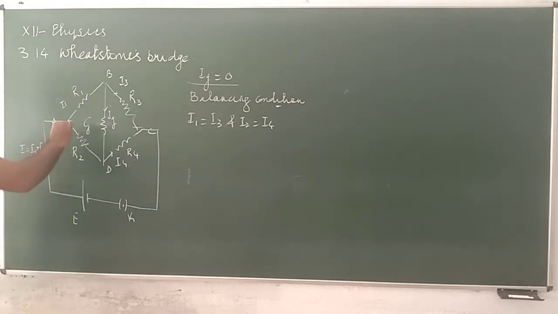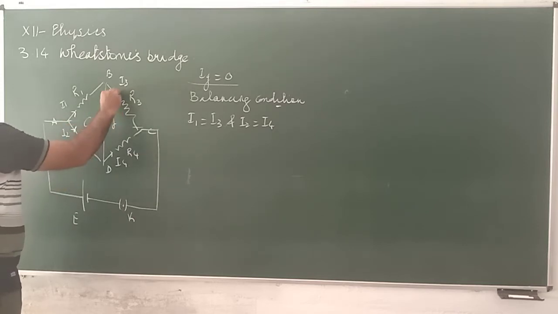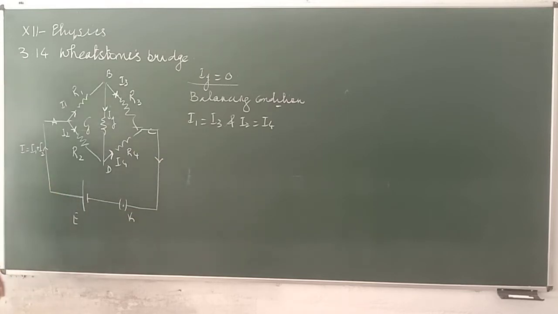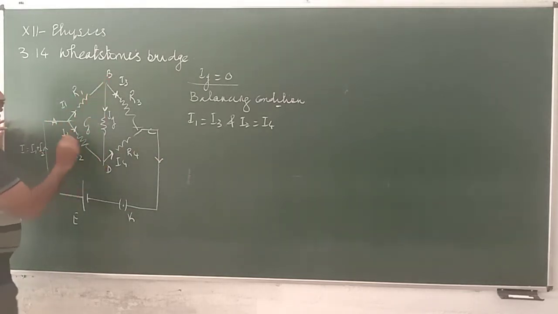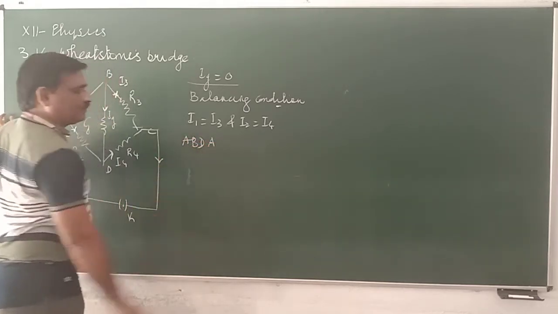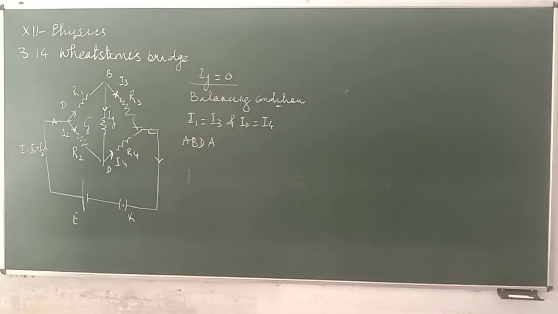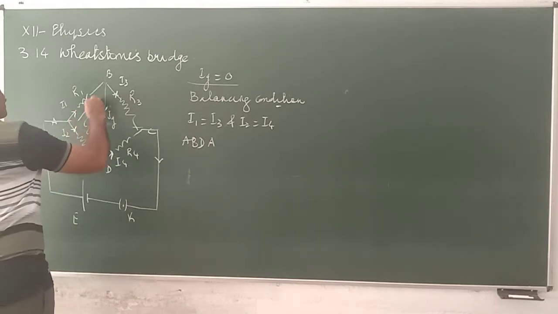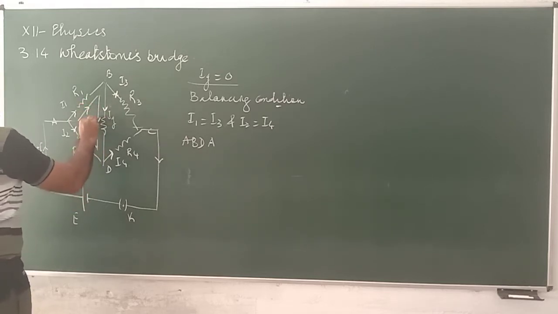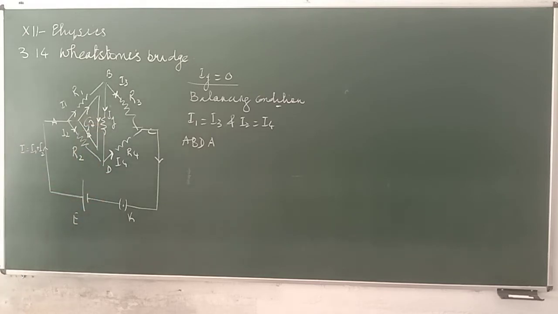Now we can apply Kirchhoff's law to loop A, B, D and A. We have freedom to trace it. I am tracing it in the anti-clockwise direction.